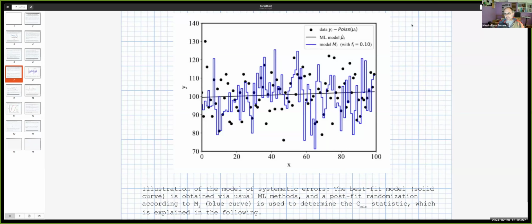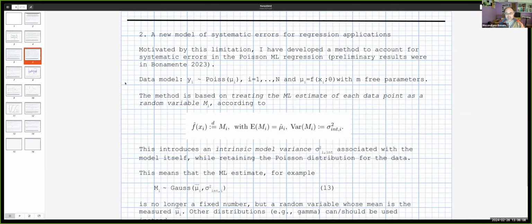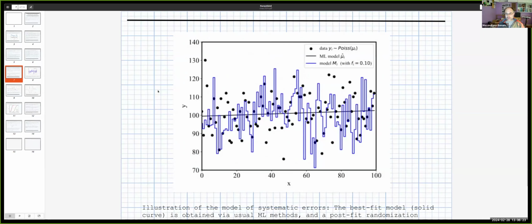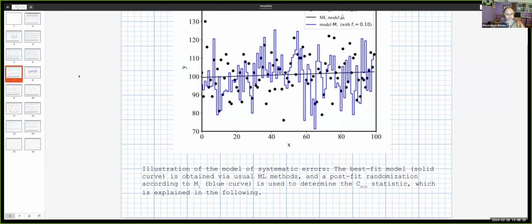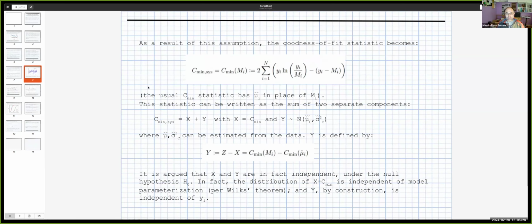So the point is, can we use this method of introducing a random variable m_i, with mean equal to the best fit estimate and an ad hoc parameter that is the intrinsic variance, to determine a new goodness of fit minimum, which I will shortly be calling minimum systematic, that we can actually practically calculate?